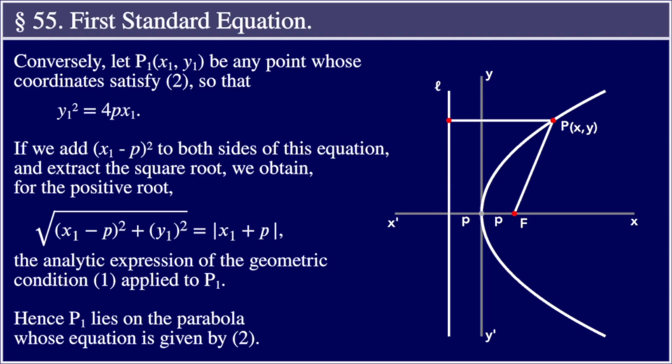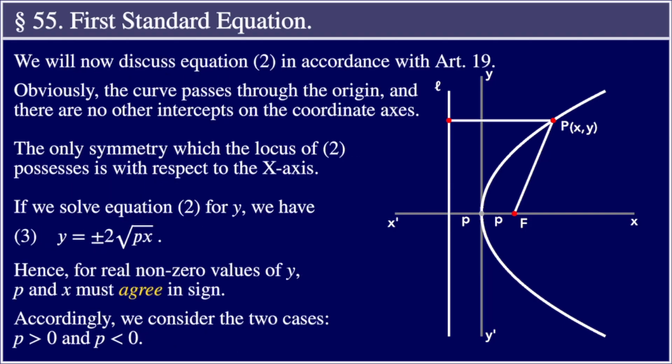If we add the quantity (x1 minus p) squared to both sides of this equation and extract the square root, we obtain for the positive root the square root of the quantity (x1 minus p) squared plus y1 squared equals the absolute value of x1 plus p, the analytic expression of the geometric condition of equation 1 applied to P1. Hence, P1 lies on the parabola whose equation is given by equation 2. We will now discuss equation 2.